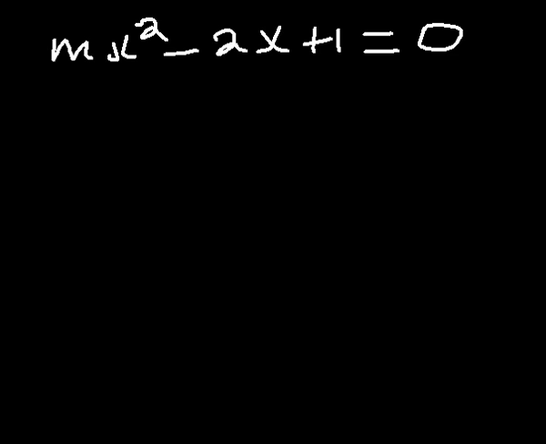Now, using the concept of the actual solutions or the roots for the quadratic equation, let's think of this case. Let's say we have the quadratic equation given as mx squared minus 2x plus 1 is equal to 0.